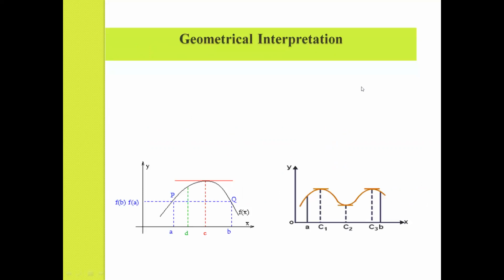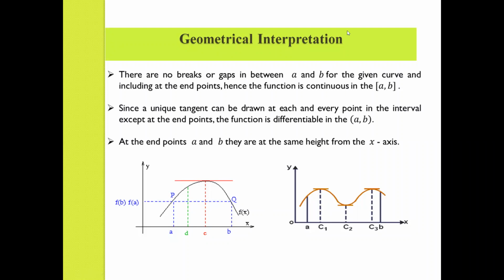I'll just move on to the geometrical interpretation. What conditions have we covered in Rolle's theorem? A real valued function f of x. Here, I'm taking one simple real valued function and, based on that, explaining the geometrical interpretation.